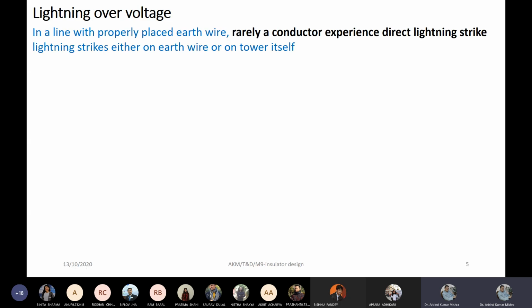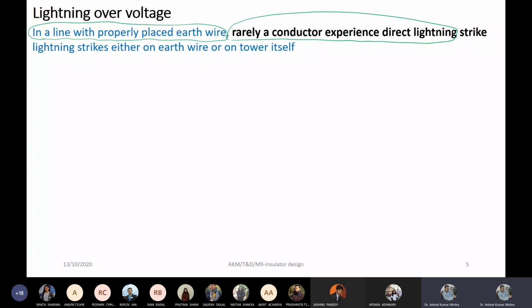It has been experienced practically that if the shielding wire is placed effectively, with the shielding angle as small as possible, then rarely does a conductor experience a direct lightning strike. I gave you a little idea two or three classes before of when we need a single earth wire and when we need a double earth wire.